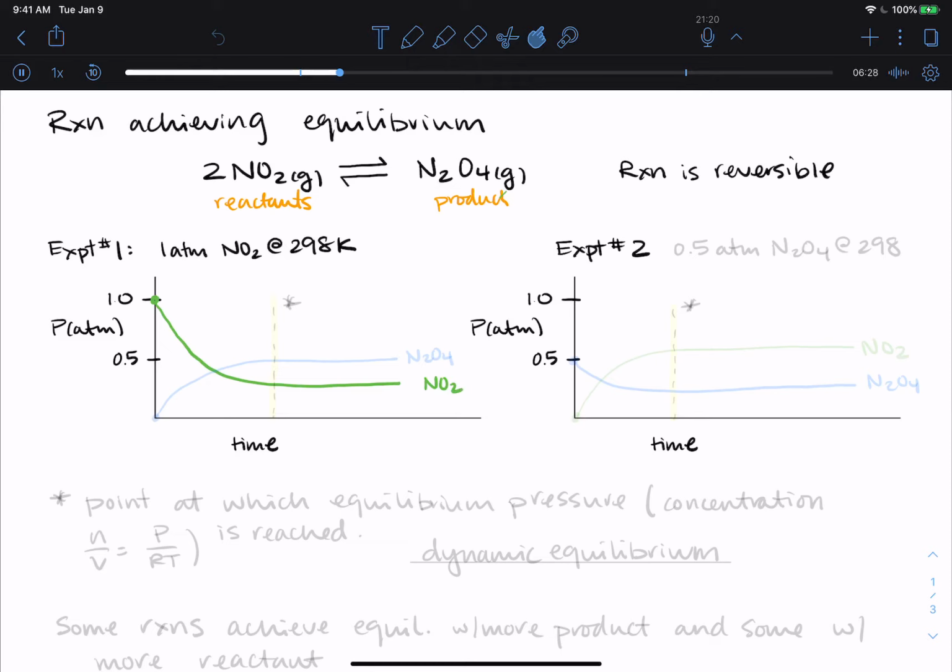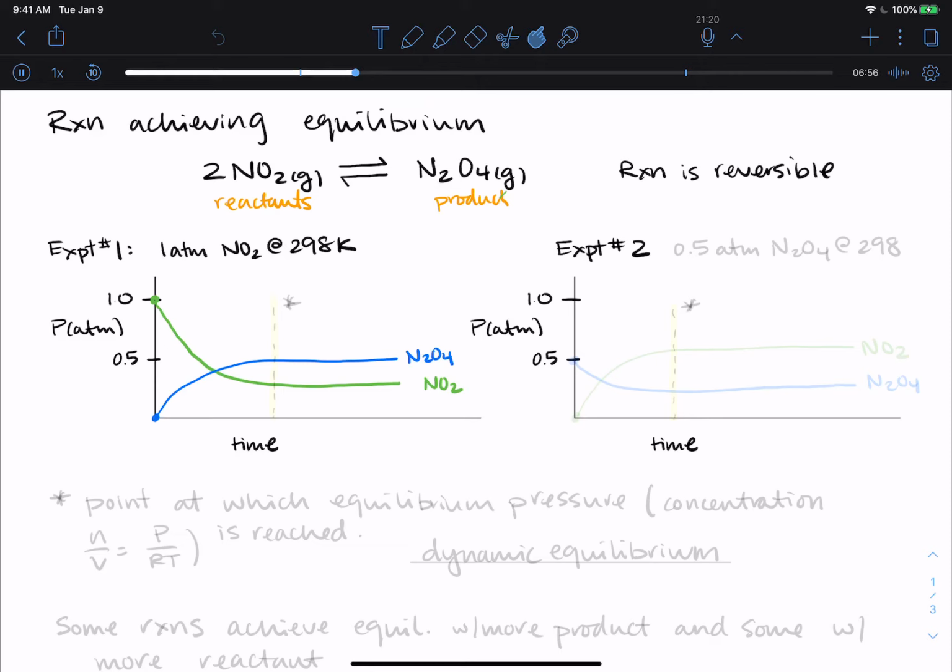And let's do the N2O4 in blue. So under my initial conditions, I don't have N2O4 listed at all. So that means I'm going to start at 0. And what I find is that my N2O4 concentration is going to increase, and then at some point it's going to level off. So this is N2O4.